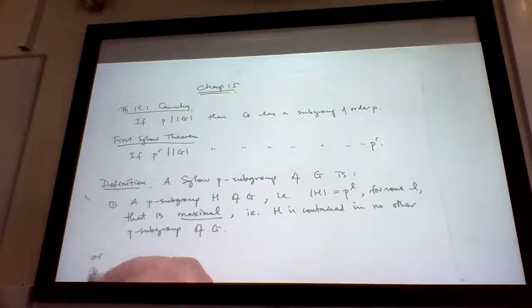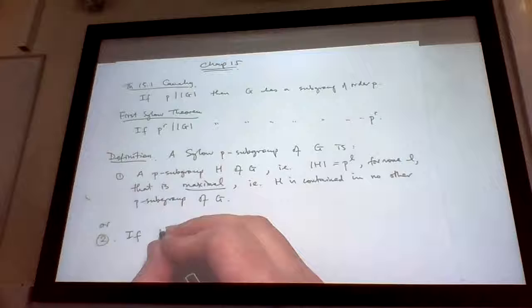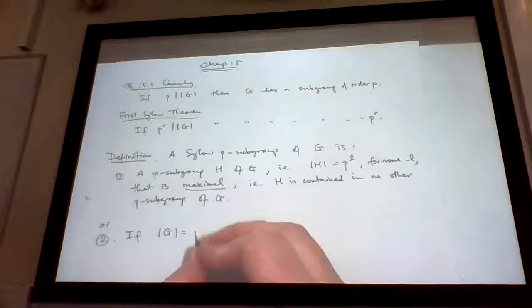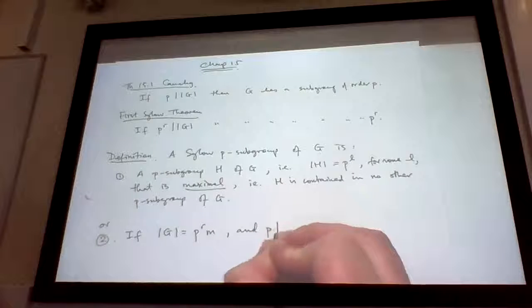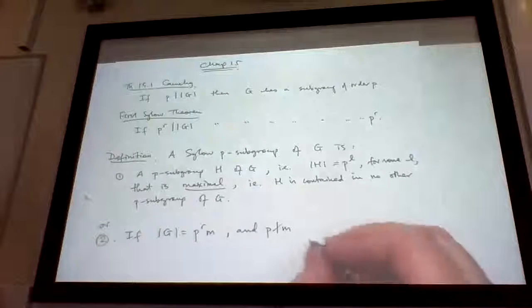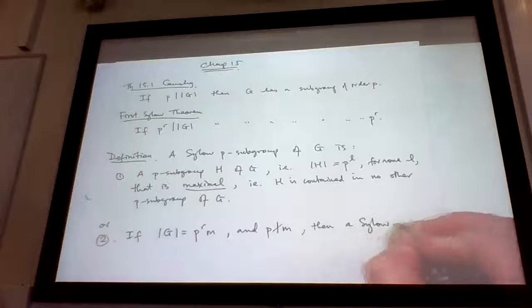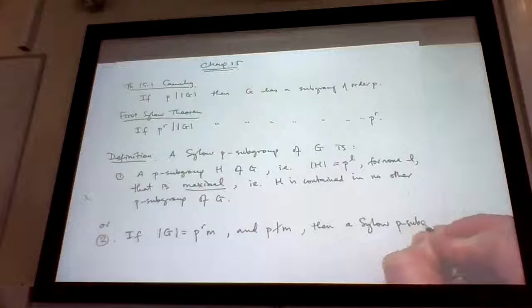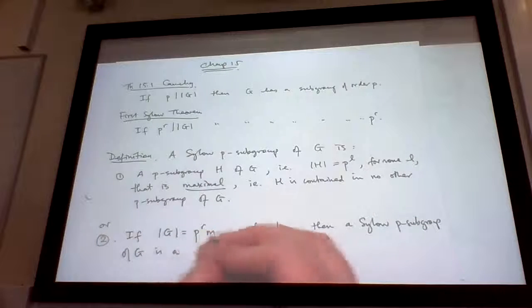Or, the second version of it: if the order of G is P to the R times N, and P does not divide N, i.e., P to the R is the biggest power of P within G, then a Sylow P subgroup of G is a subgroup H of this order.